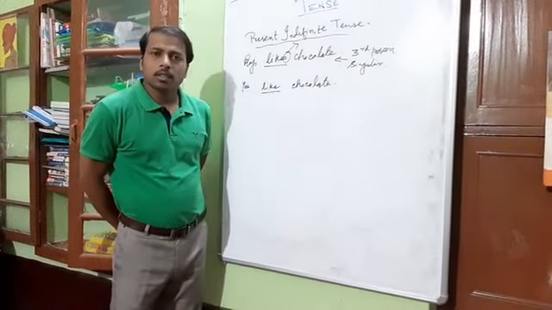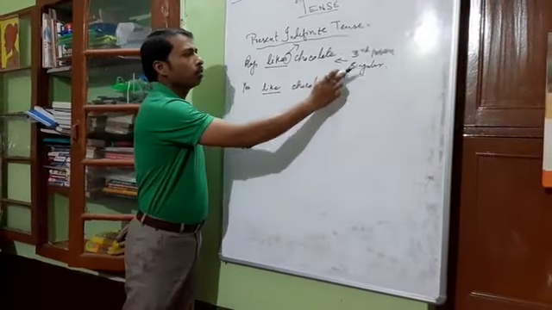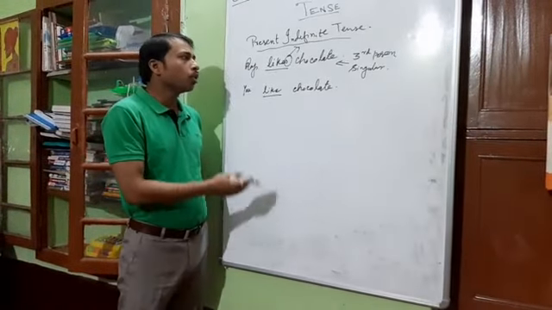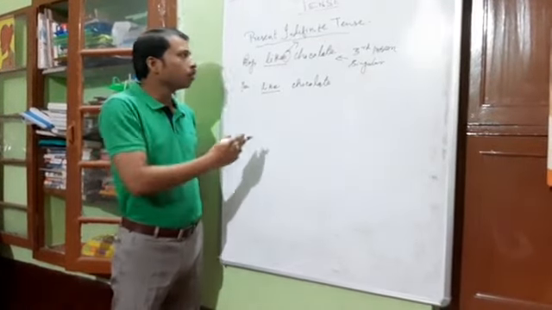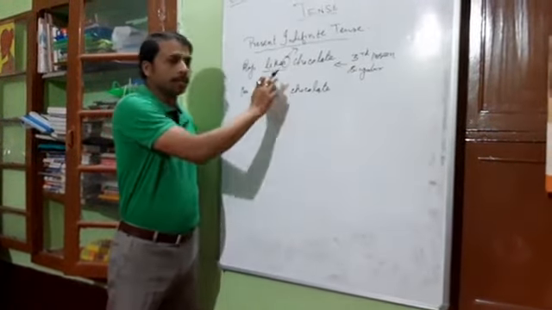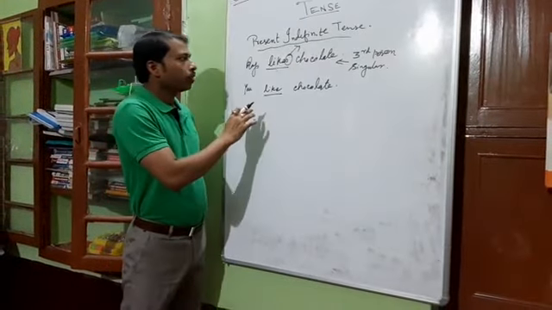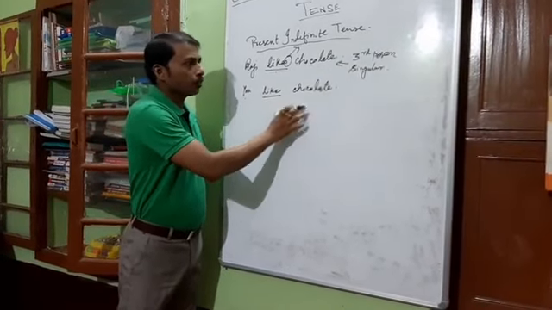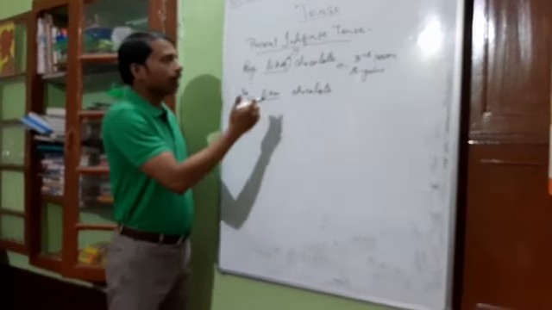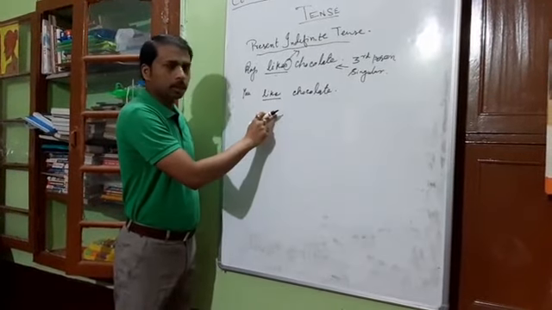S or es with a main verb is used with third person singular number. When it comes to first person and second person, singular or plural, we don't use s or es. So this is one type, that is when any action has indefinite time of action. For that I am giving this example.